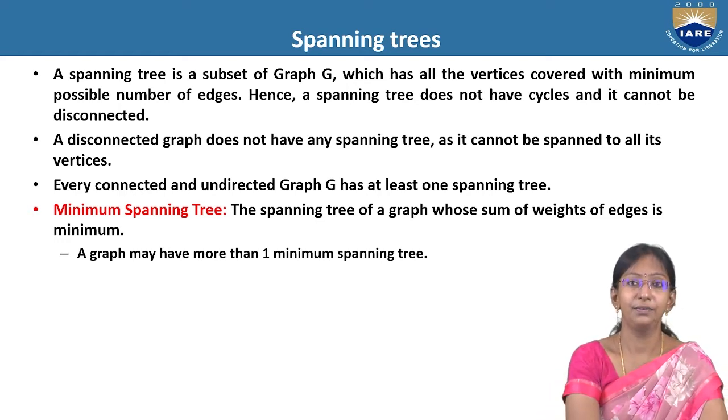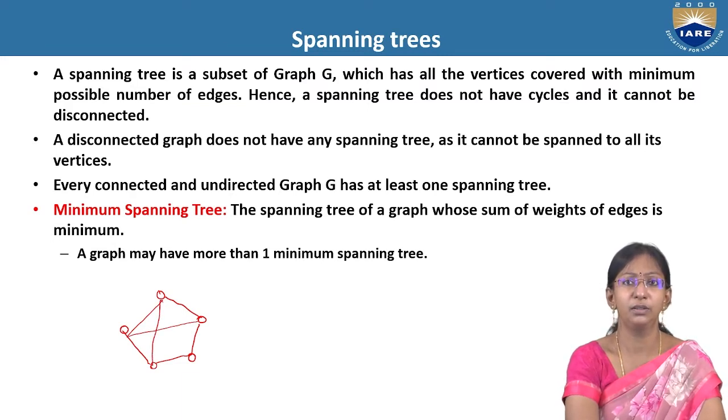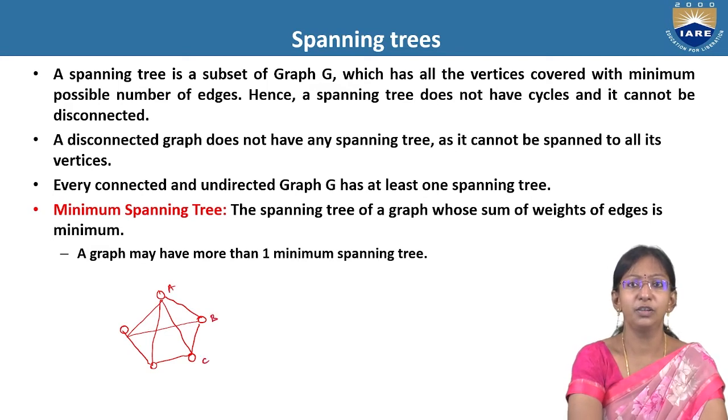Let me draw a small picture for the same. Have a look at this one. This is a graph with 5 nodes or vertices. You can call it in either way. A name will be there for each and every node.